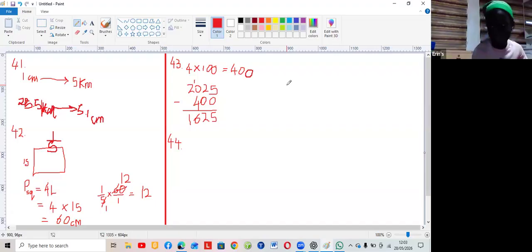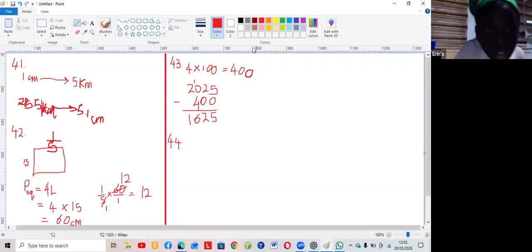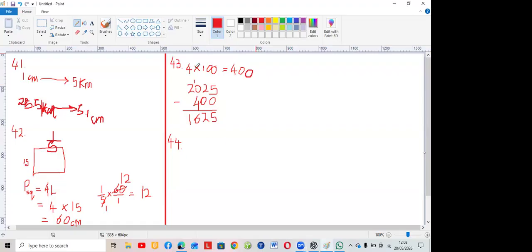44, it says from the Venn diagram. How many children wore black and white headbands? Are you sure? I'm guessing there are only 2.